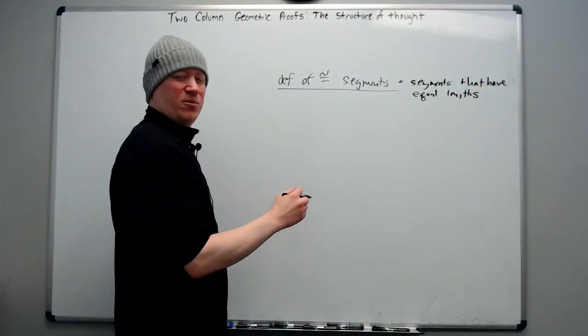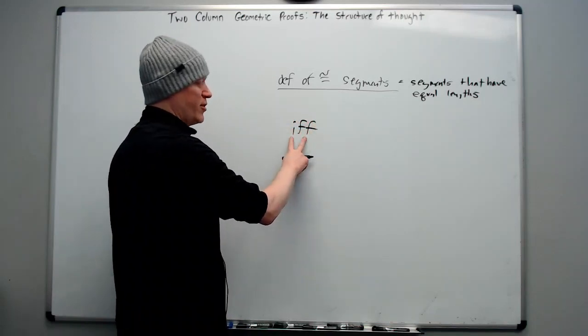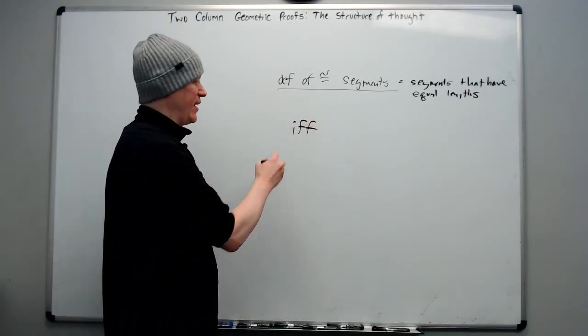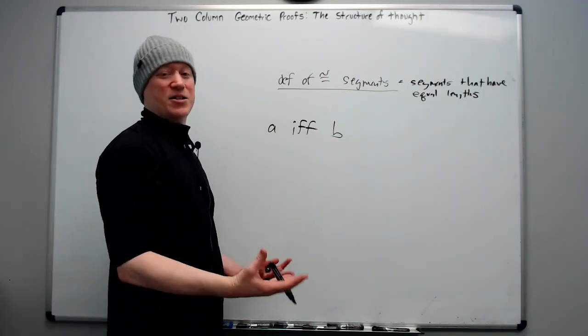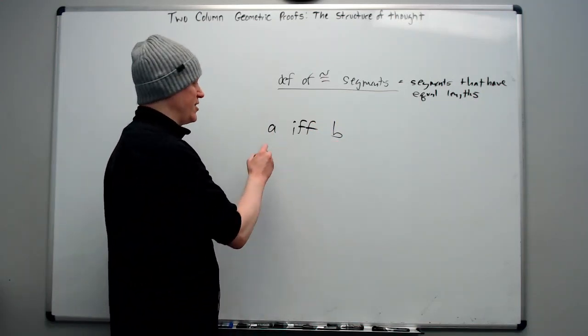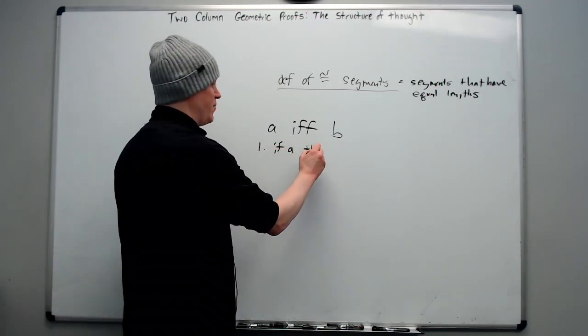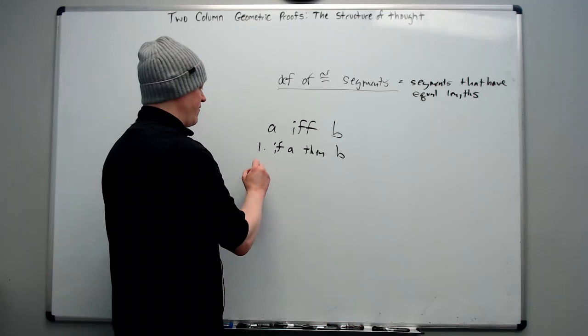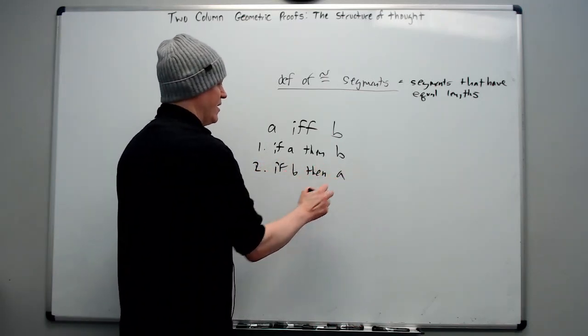A biconditional means the following. You would say if and only if, abbreviated as IFF commonly. If I say A if and only if B, that's a biconditional, and it breaks down into two conditional statements. If A, then B, and if B, then A. These are the two statements.